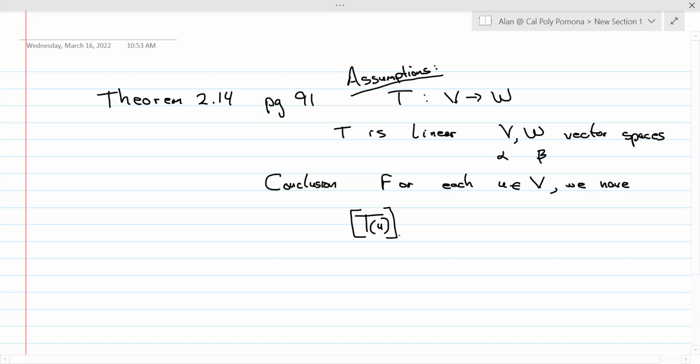So this would be the matrix associated with gamma. And in order to do this, what you need to do is take the T matrix.